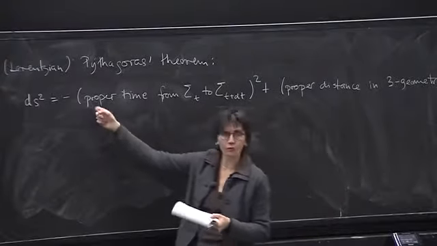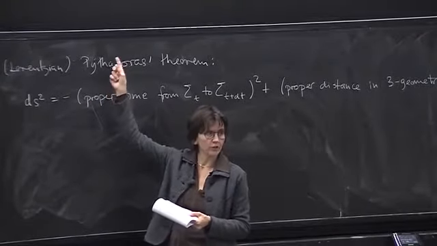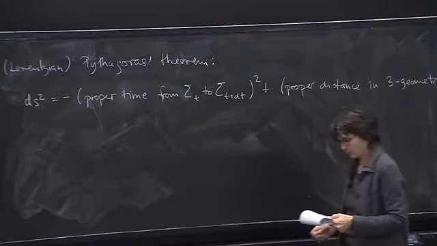And the minus sign comes about because of the overall signature of my metric. It's not Riemannian, but pseudo-Riemannian.